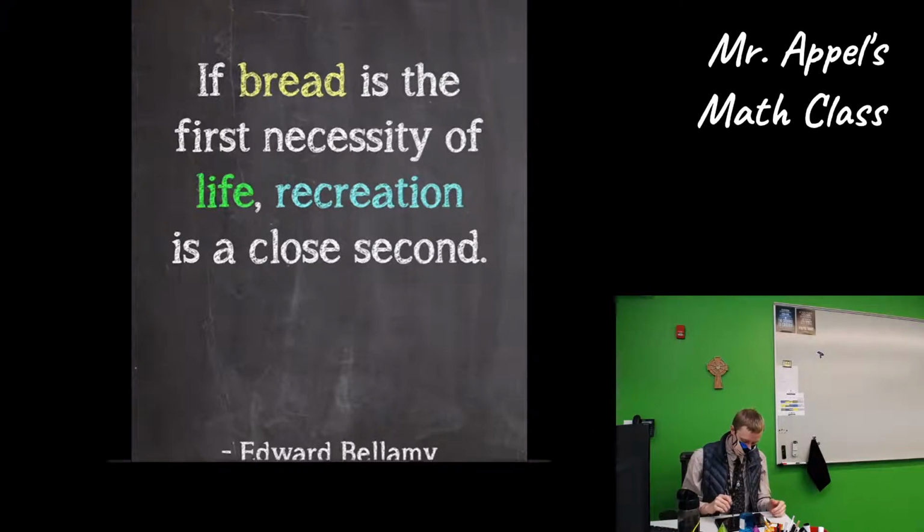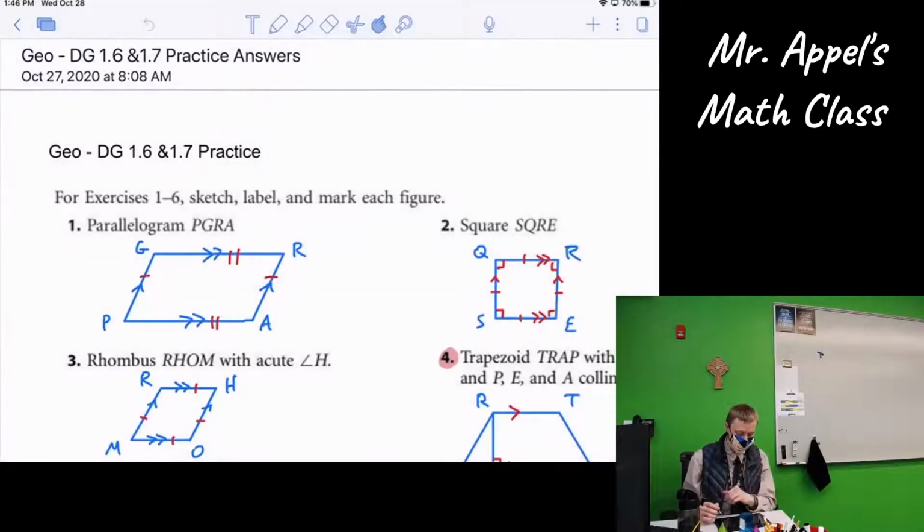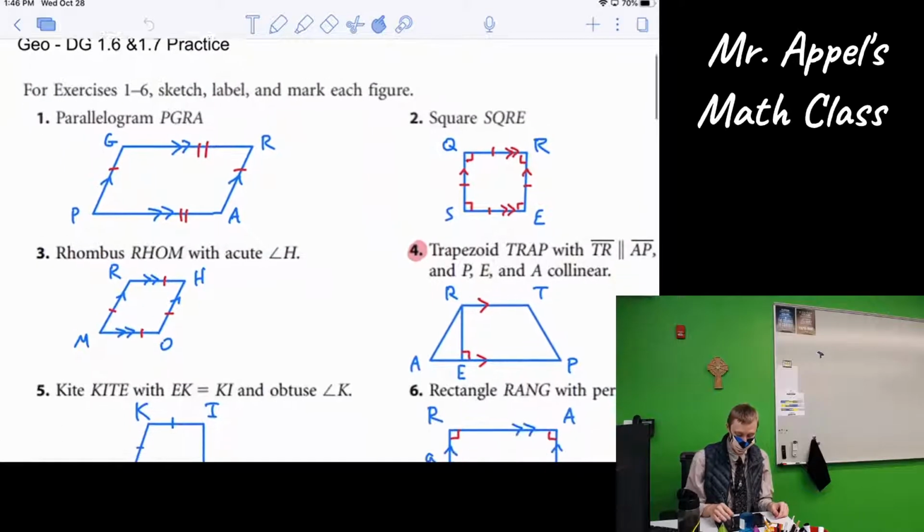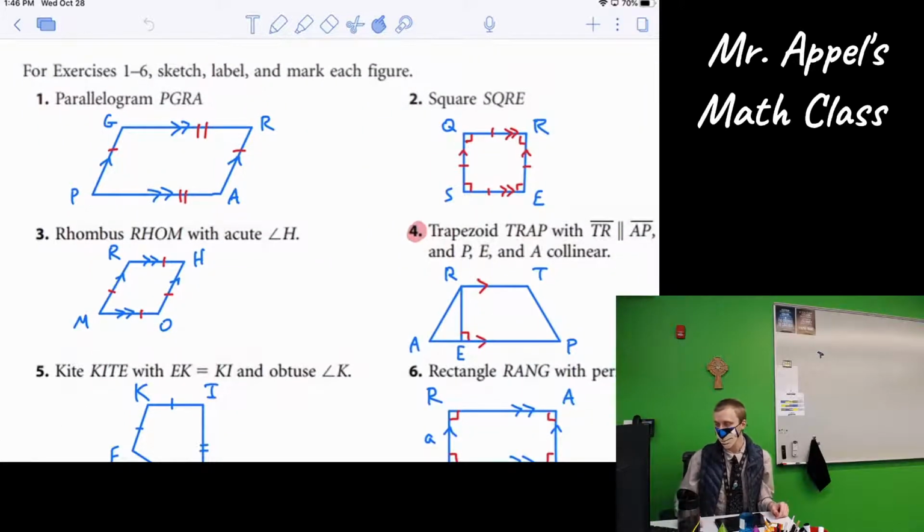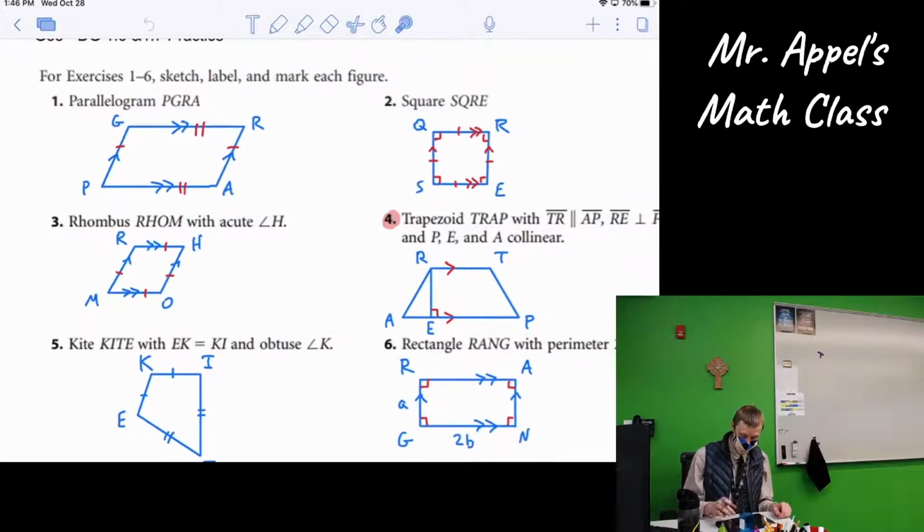But before we do that, let's look back at yesterday's stuff with quadrilaterals and circles and make sure we are all on the same page there. So please take out your work from yesterday and compare it to my final answers here. Number 1, 2, 3, 5, and 6 should all pretty much be the same.